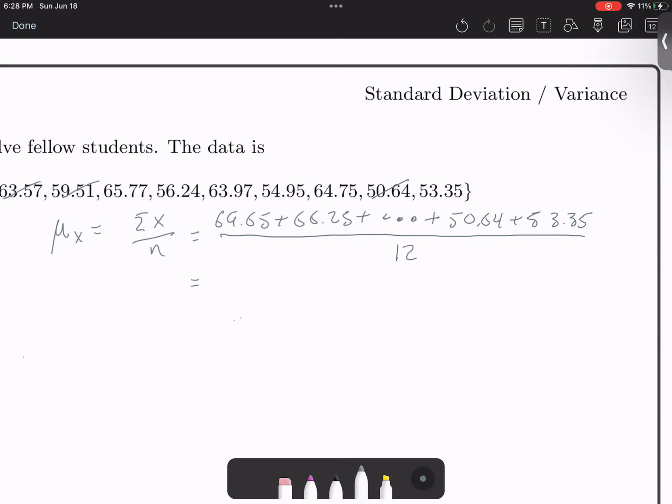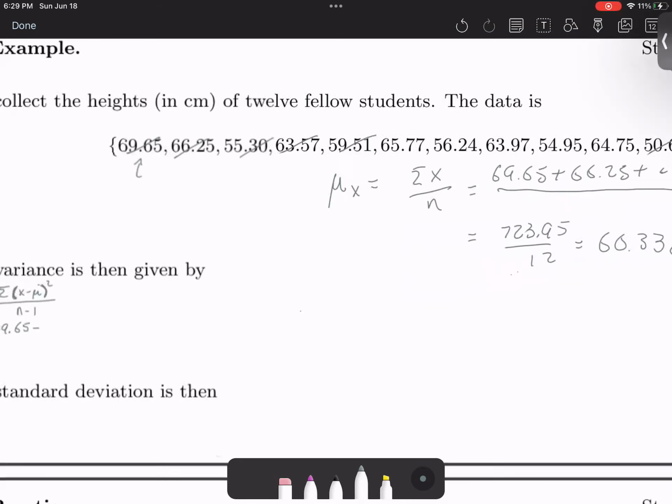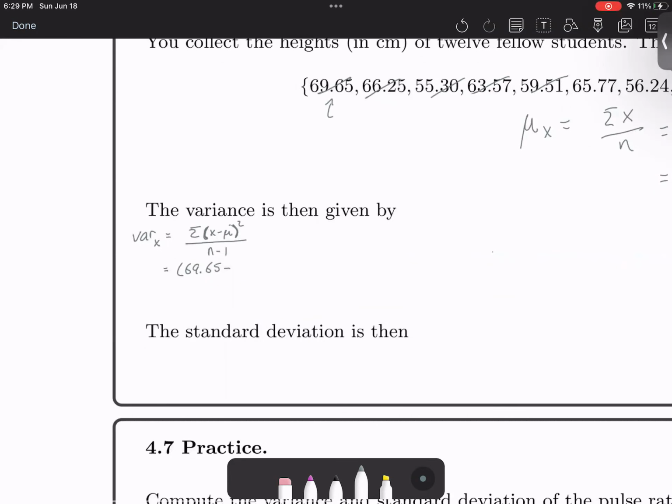The sum of all of this gives me 723.95. Divided by 12 gives us an average of 60.33 centimeters. All right, so that's my average, 60.33.